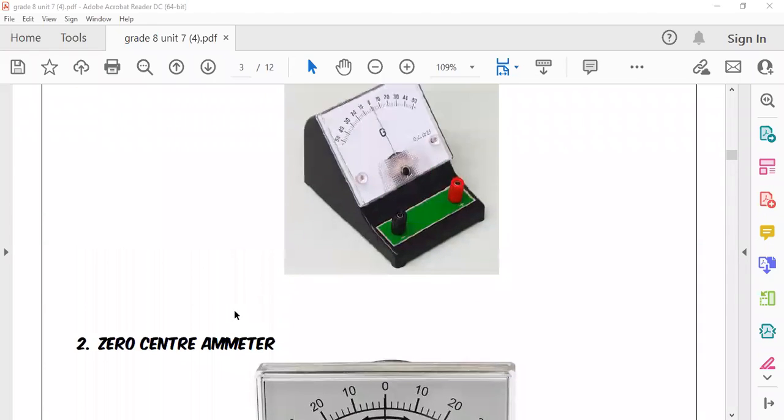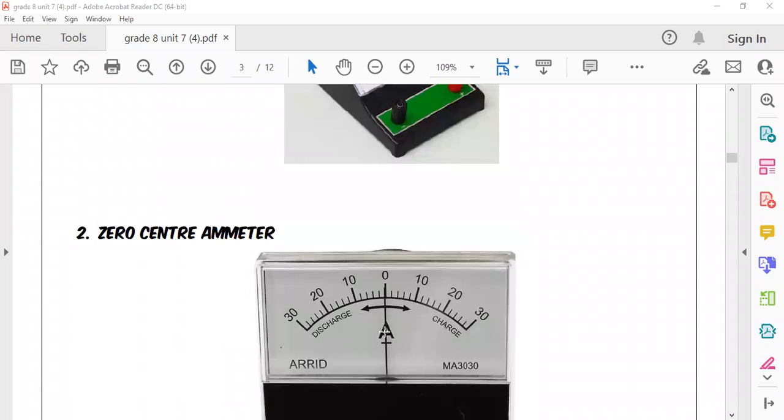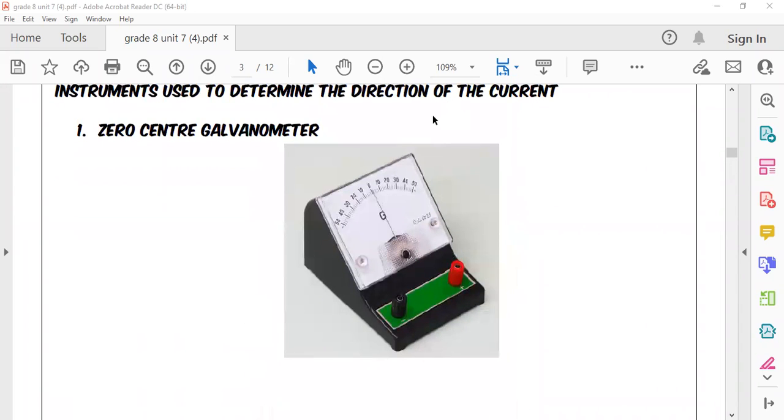In the galvanometer, if you see 30 here, that 30 is measuring in milliamperes. 10 milliampere, 20 milliampere, 30 milliampere, 40, 50 milliampere, that way.